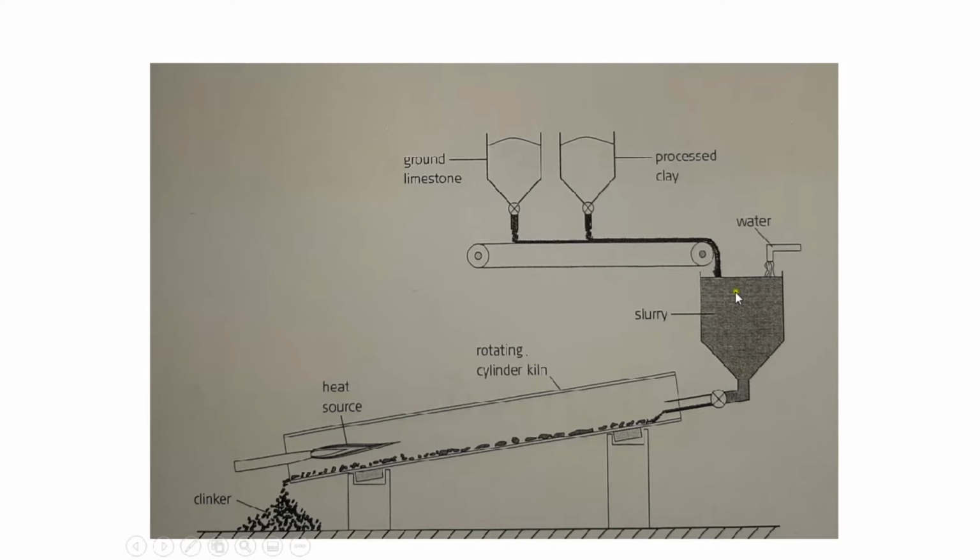And then after that, it's discharged into a rotating cylinder kiln. That's where the firing is happening, from 1,450 degrees Celsius. And then the heating process, that's where it's taking place. And then at the lower end, the temperature is about 70 degrees Celsius. And then it's dispatched as a Portland clinker into nodules.